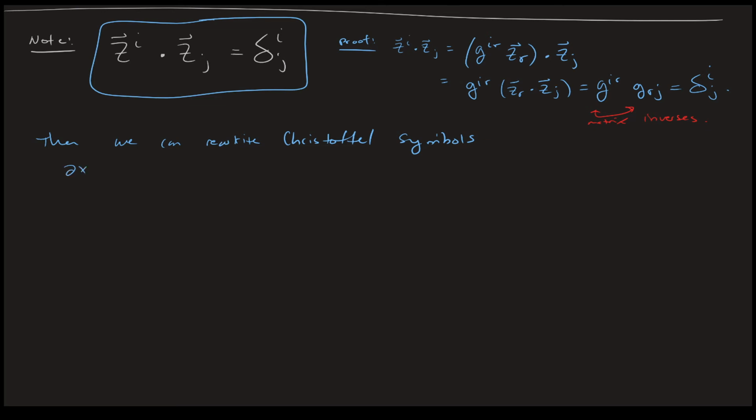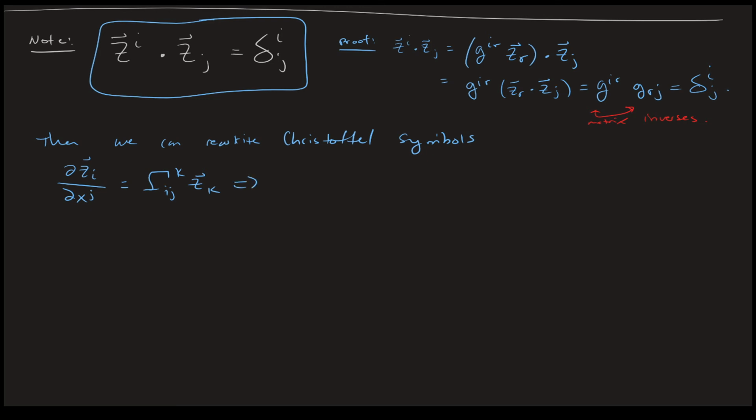Well, they were partial zi, partial xj equal to gamma ij down, k up, zk down.